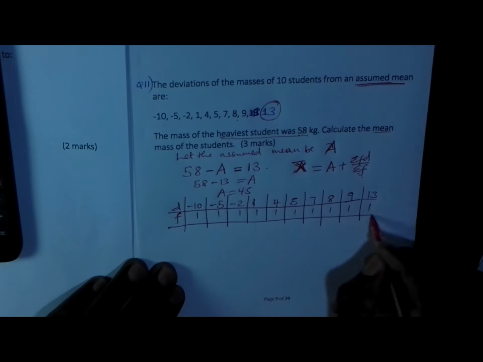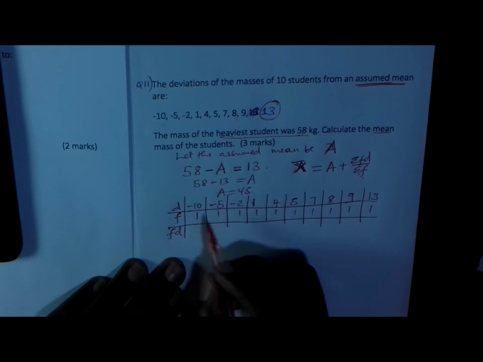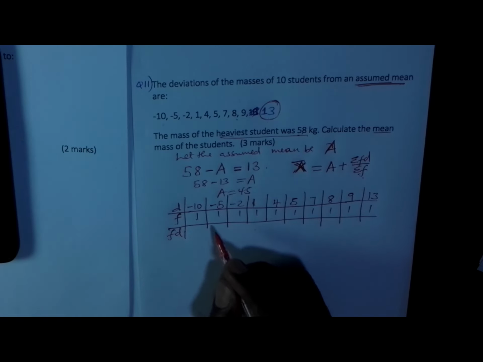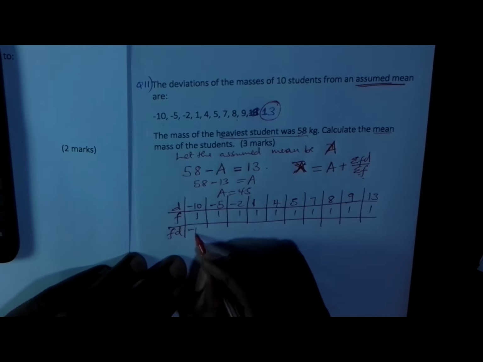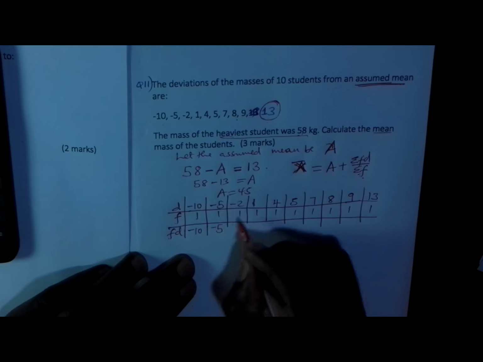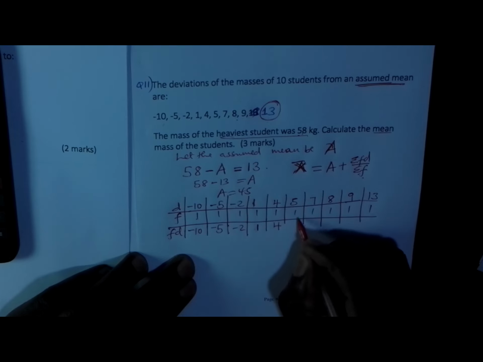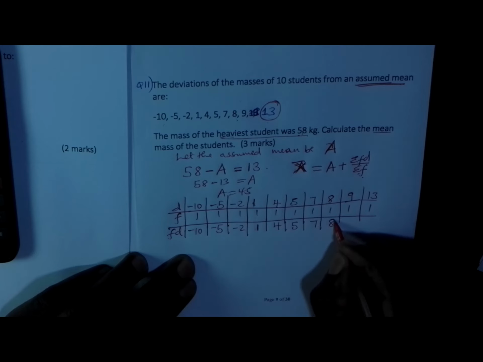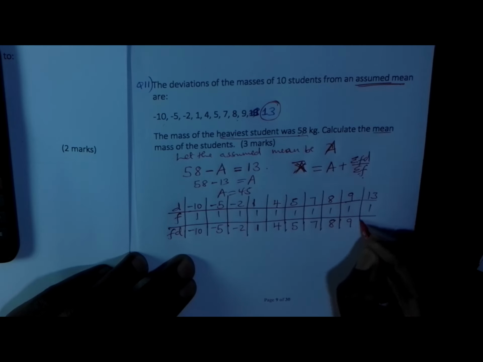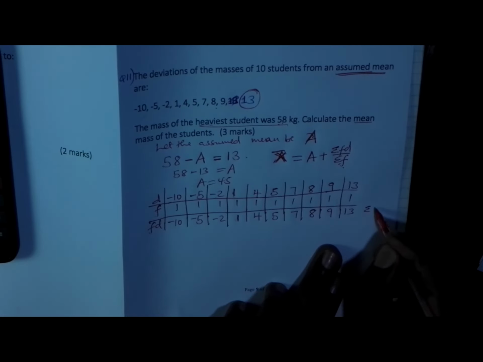Therefore, we can get FD: -10 times 1. So we do that throughout. So we shall get -10, -5, -2 times 1 is -2, then 1, 4, 5, 7, 8, 9, 13. So for this case, we need to get summation of FD.